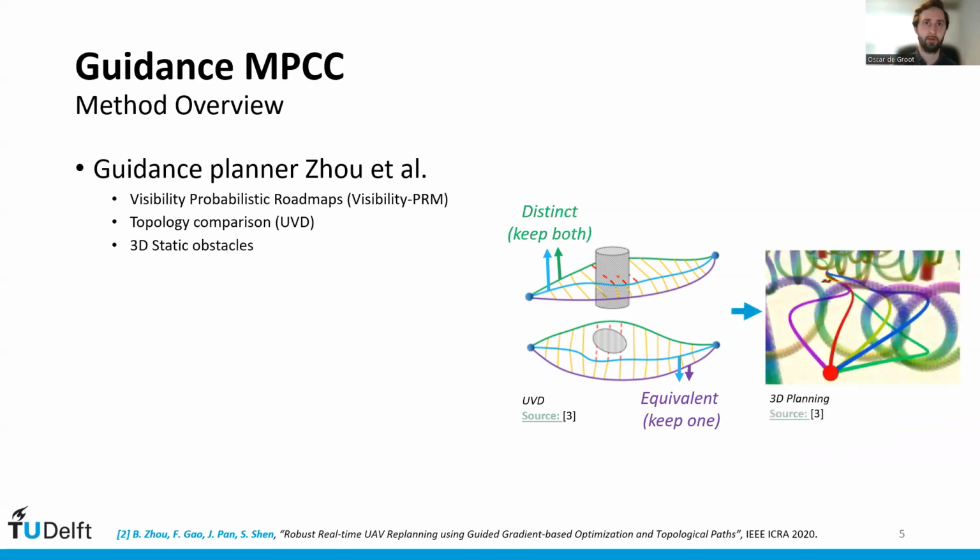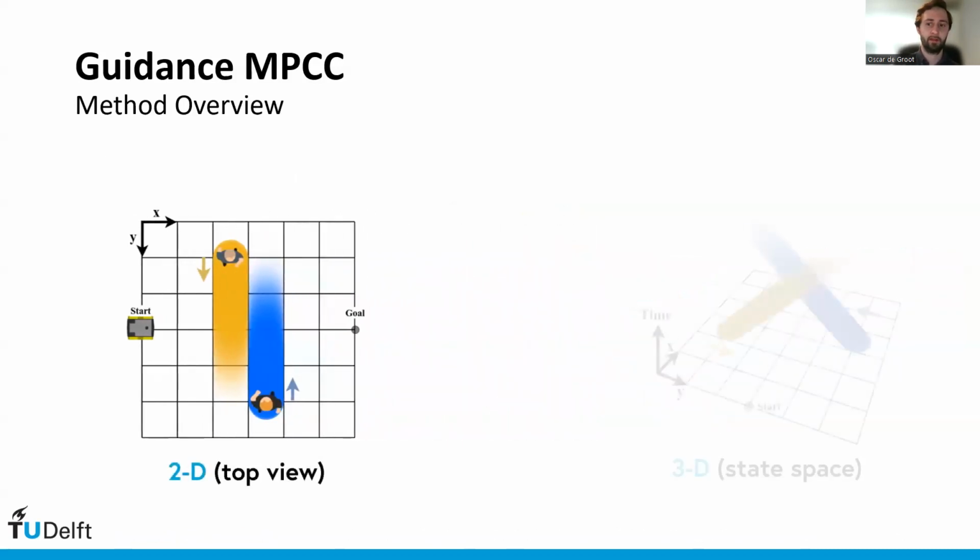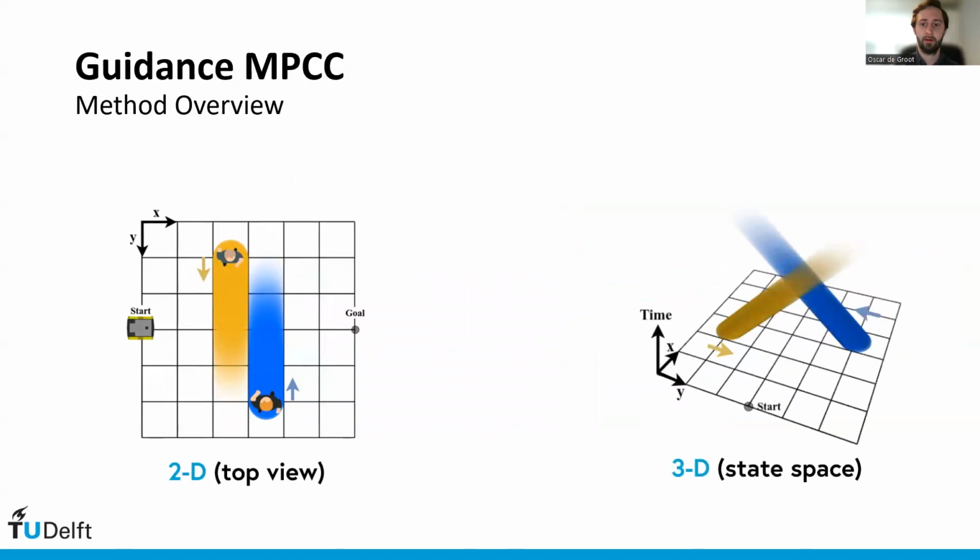Now in that work, it was used to compute trajectories under 3D static obstacles for drone flight. In this work, we consider instead to use the same methods, but for 2D and dynamic obstacles. The idea is that we look at this workspace not only in space, but also in time. Here on the right, we have the 3D representation of XY space and time in the vertical axis.